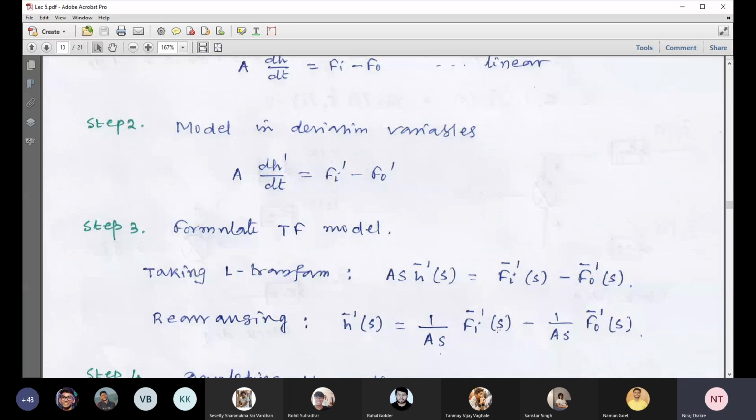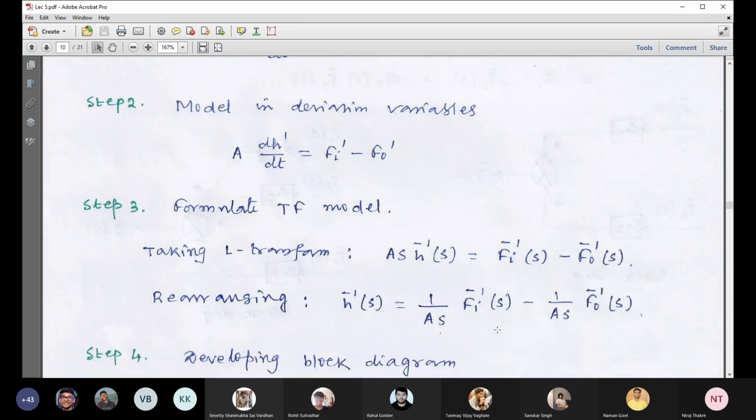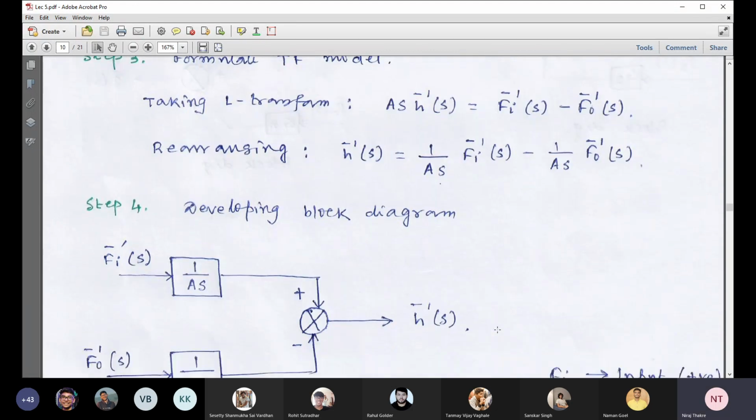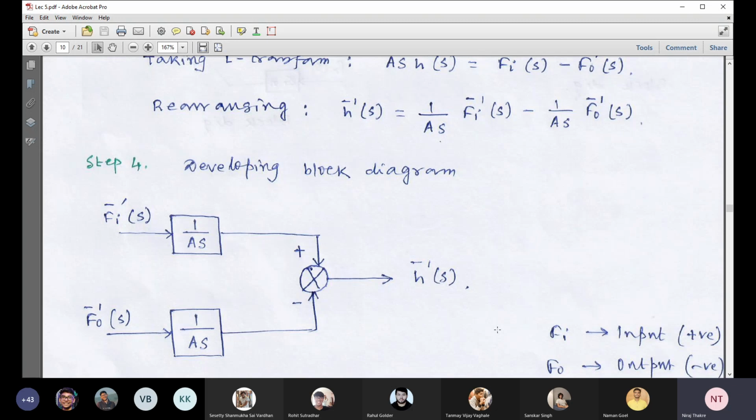In step three, you formulate the transfer function model. For that, simply take the Laplace transform on both sides of the linearized model represented in terms of deviation variables. If you get this, then it's easy to develop the block diagram.